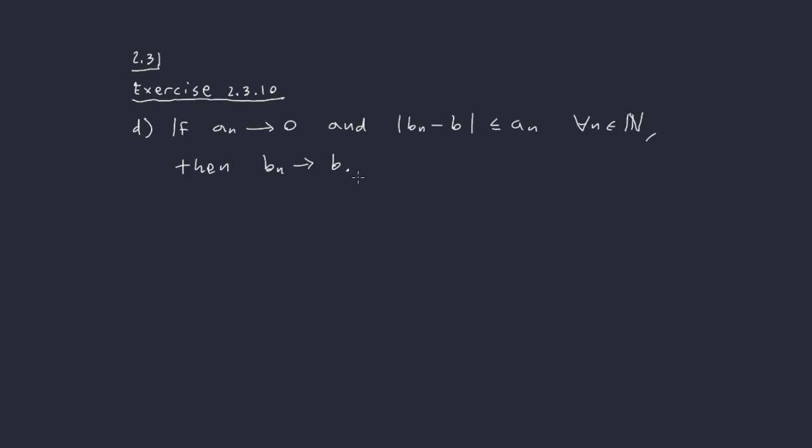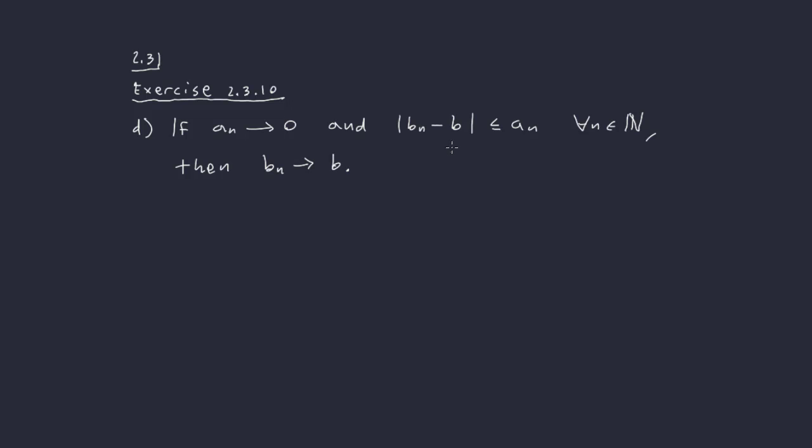Okay, so what this is basically saying is that if I can get this distance between b_n and b to always be less than a_n, and a_n is converging to 0, that means as n goes out, this distance between b_n and b is getting closer and closer to 0.